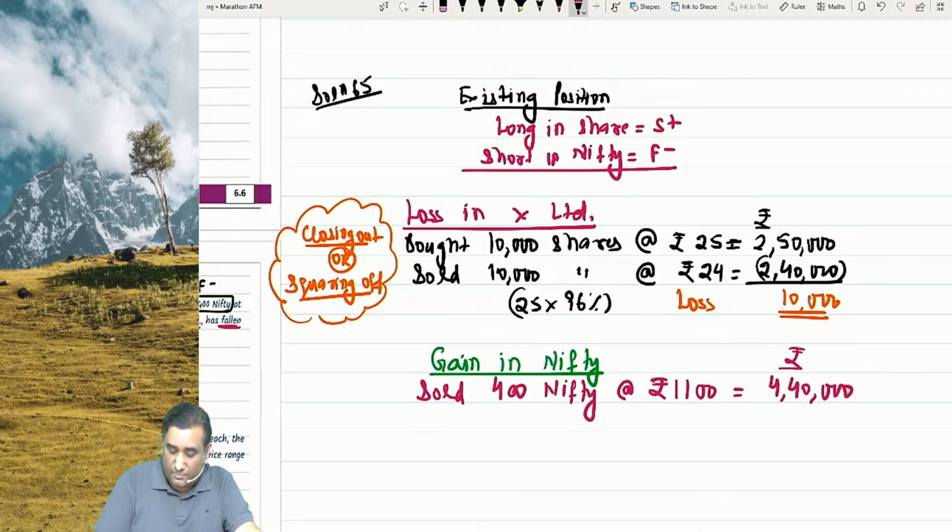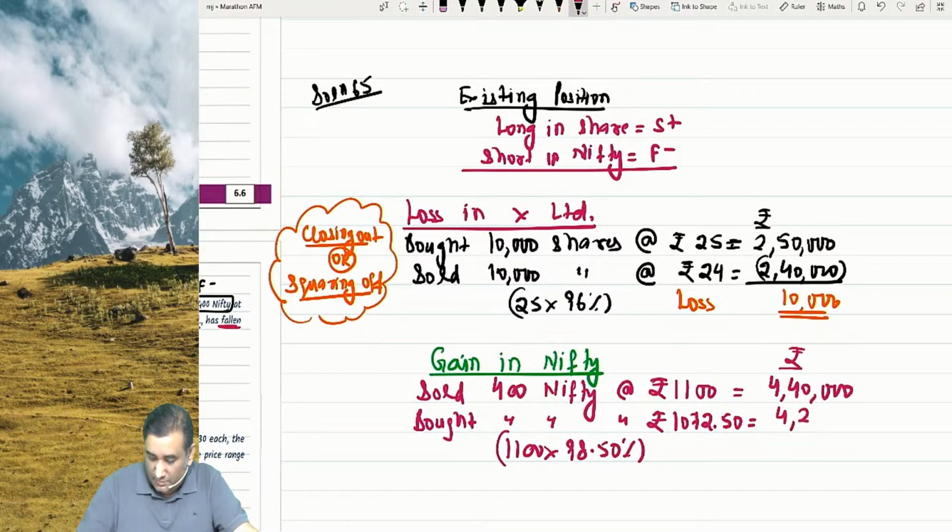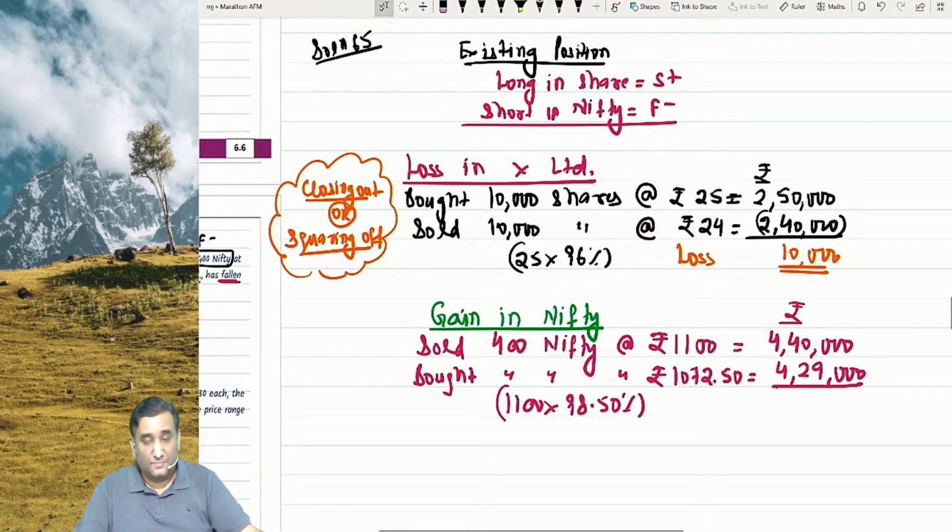Then squaring off is buying 400. Price has fallen. How much percent? 0.5. How much? 172 lakh. How much? 7.